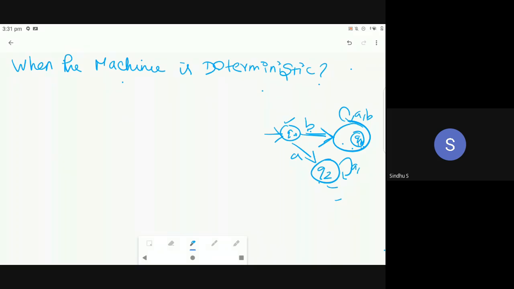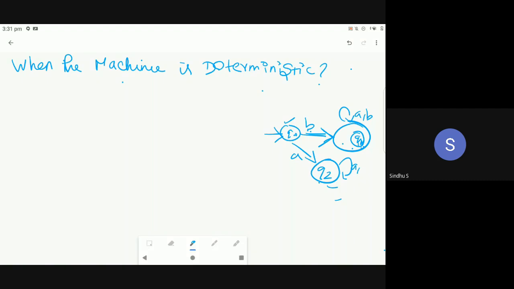So just listen to this carefully. On every state, on any input symbol, we can have at most one transition.